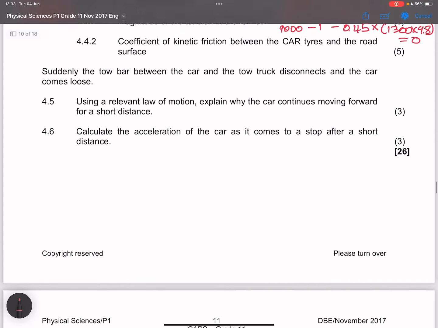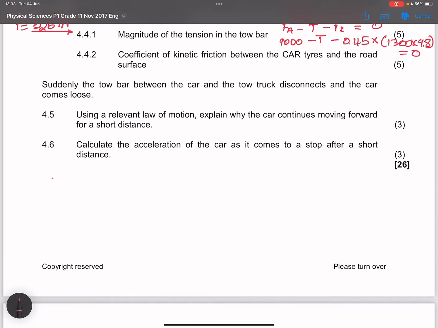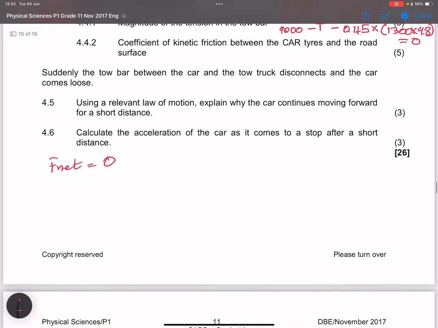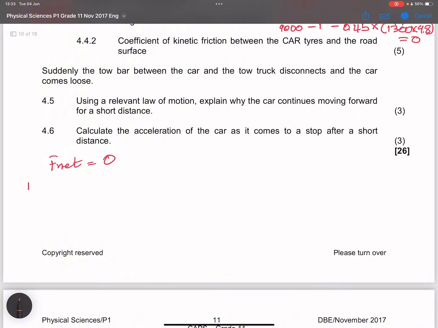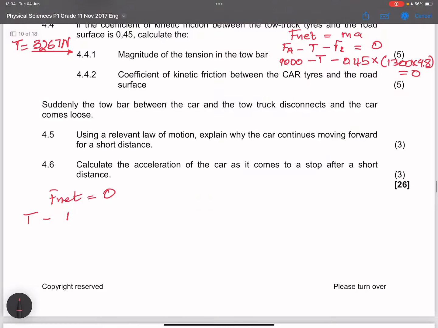So I'm going to say, right, so this is going to be the sum of forces on the car is equal to 0. That's tension minus the frictional force on the car, and this is equal to 0.